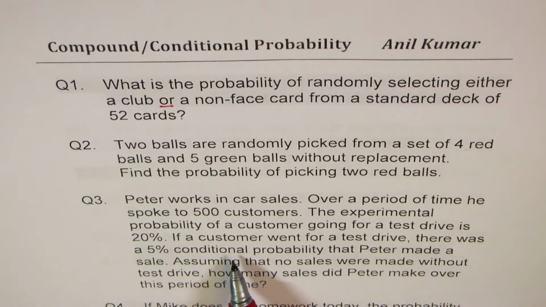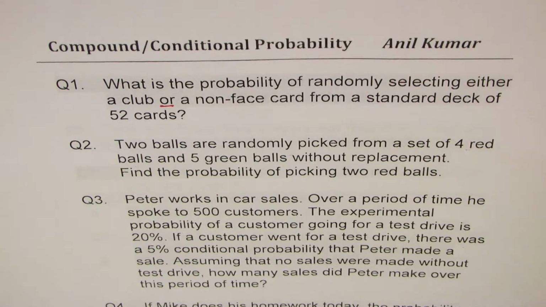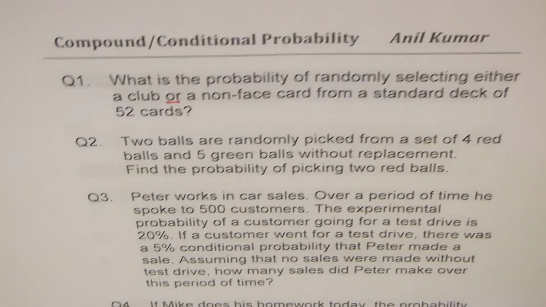So we are talking about conditional probability. Assuming that no sales were made without test drive, how many sales did Peter make over this period of time? Right. So this is conditional probability. We have already given you the conditions. So if you do product of these probabilities, you will get the answer, right?